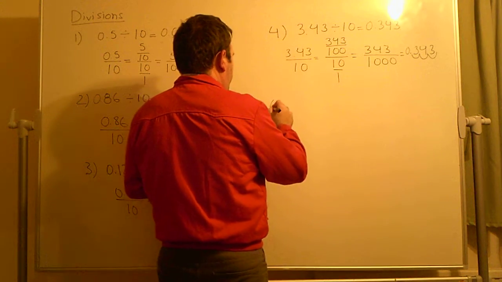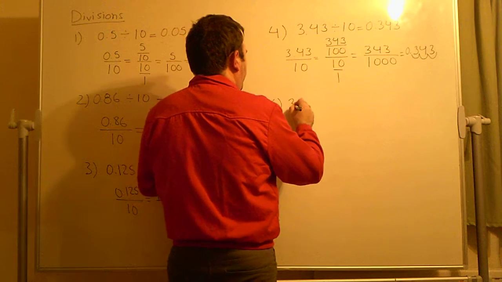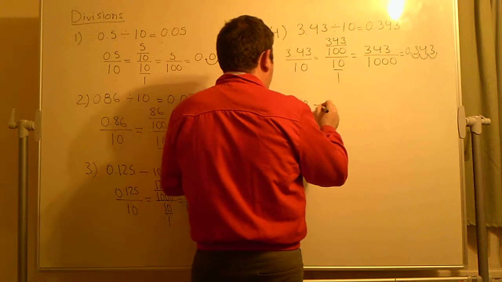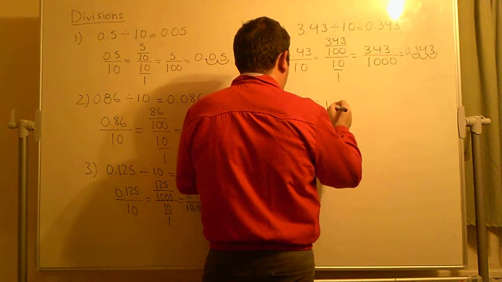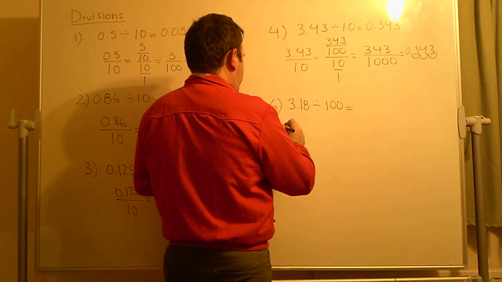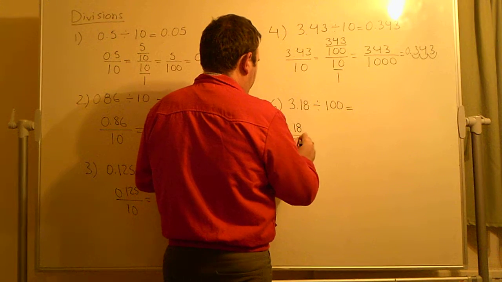Now we're going to skip up to example number 6, and we will have 3.18 divided by 100. So we need to write it down like this: 3.18 divided by 100.